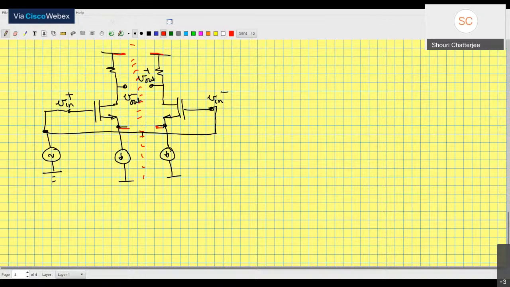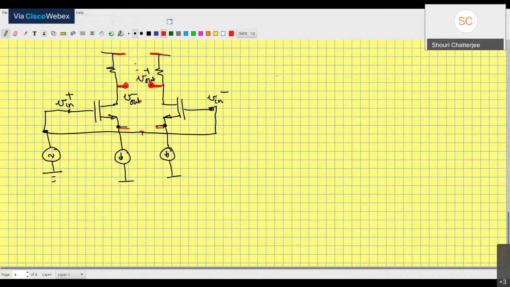All right. Now, what you basically obtain is equal voltages at both the output nodes. So when I apply a common mode input, if the circuit is balanced, then I will obtain equal voltages at the output.